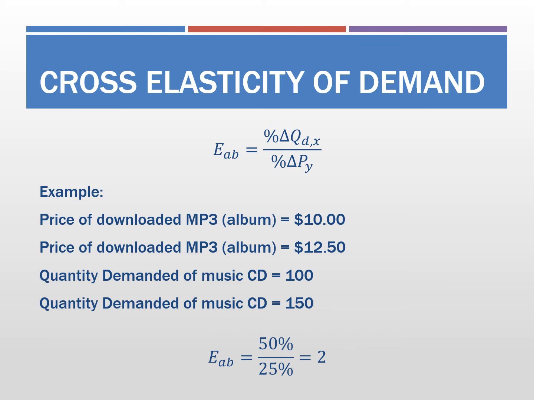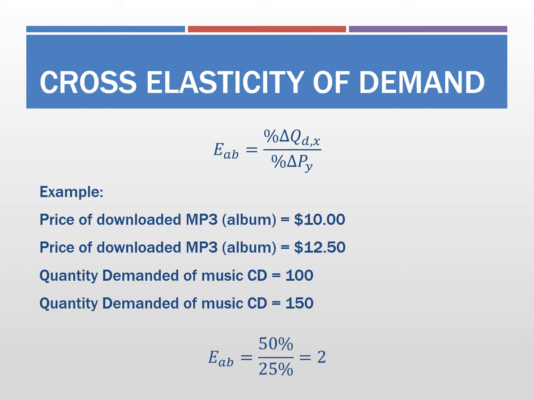To calculate the cross-price elasticity of demand between the two products, we calculate the change in the price of good B, which is the MP3, and the quantity demanded for good A, which goes from 100 units to 150 units, independently. As you can see in the equation below, the price of the MP3 albums increased by 25%, so we see a positive number.